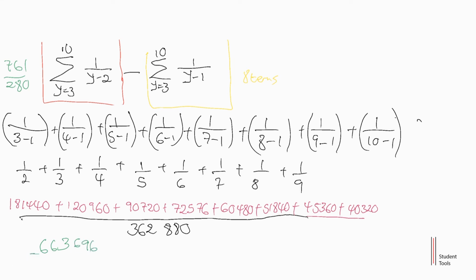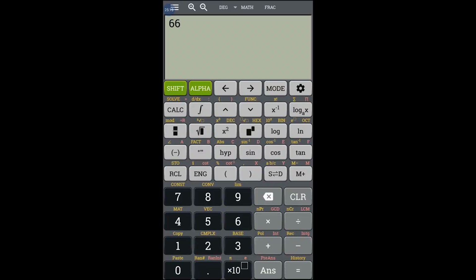All this is over 362,880. So can this be simplified? Let us check with the calculator. 663,696 over 362,880.